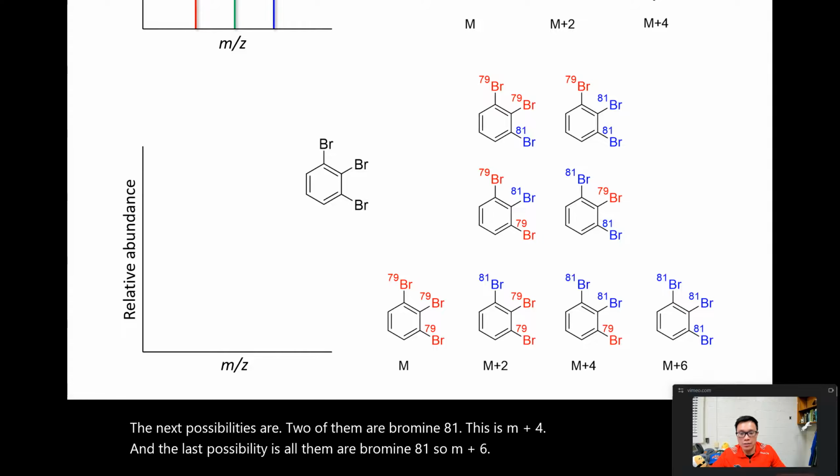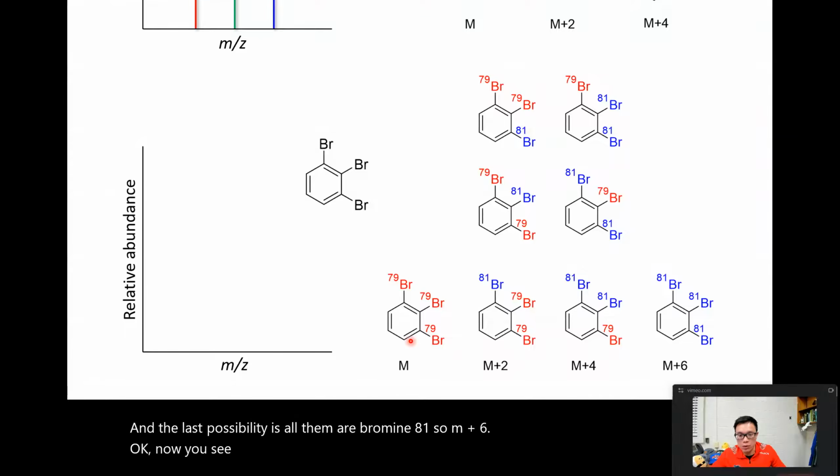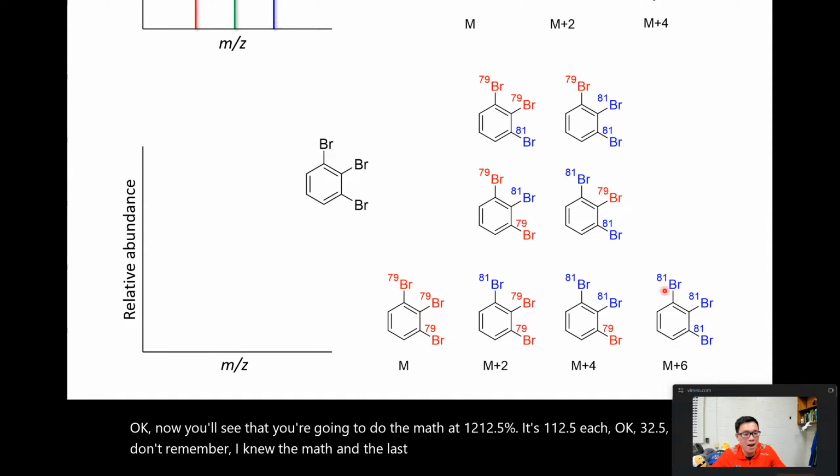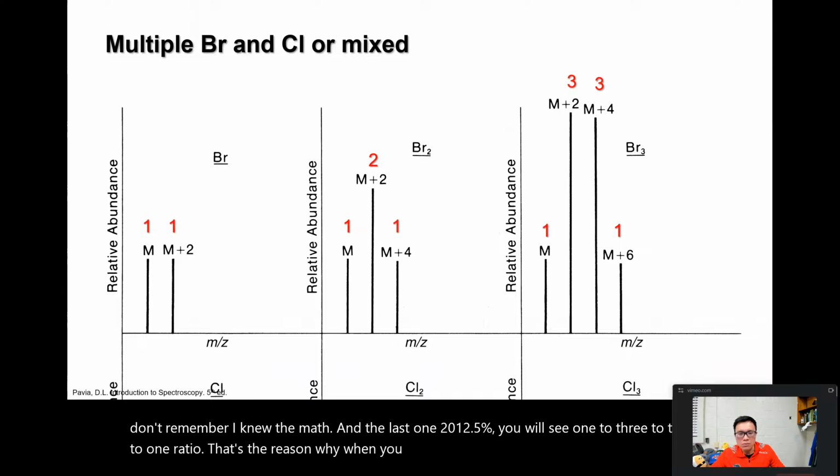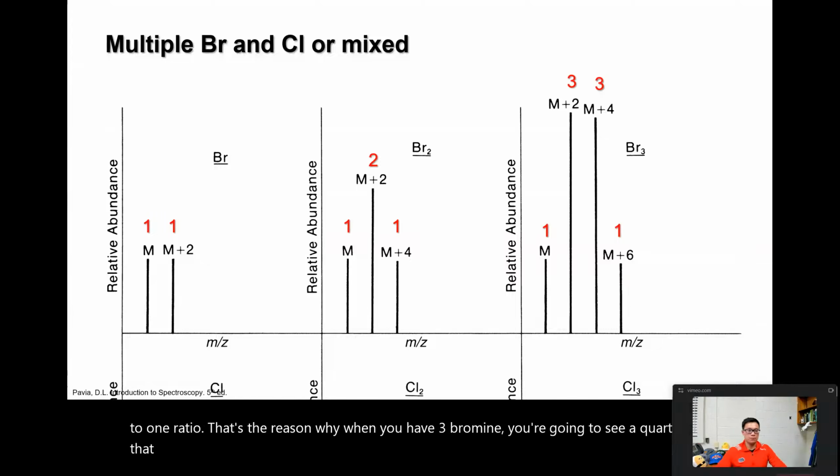Now you can do the math: 12.5% each, 37.5, I don't remember, do the math, and the last one 12.5%. You see a 1-to-3-to-3-to-1 ratio. That's the reason why when you have 3 bromine, you're gonna see a quartet like that. All right, that's the explanation.